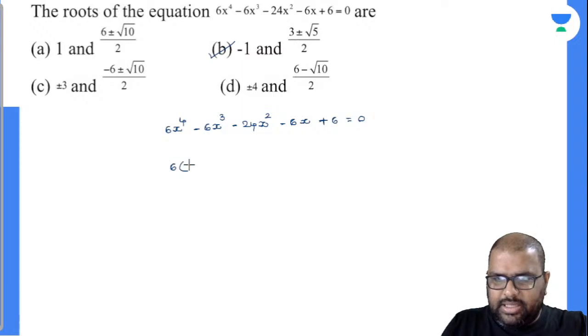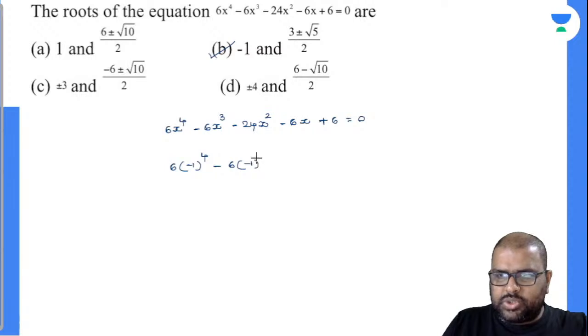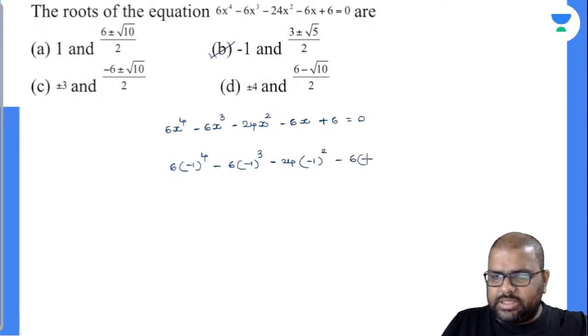6 into minus 1 whole to the power of 4, minus 6 into minus 1 whole cube, minus 24 into minus 1 whole square, minus 6 into minus 1, plus 6 is equal to 0. So this power 4 will be positive. I'll write down 6 there. Minus 1 cubed will be minus, minus into minus will be plus 6.